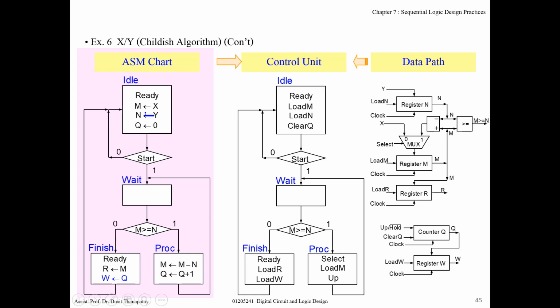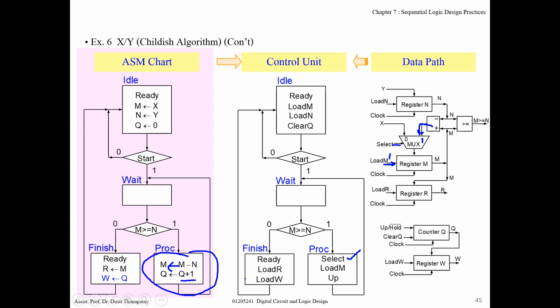For N, it gets data at this state, so load N must be active here. For Q, 0 is clear, right? The clear signal of the counter will be active at this state. State wait, nothing. State process: read data from M minus N, so this select must be 1, right? Select active, and load M must be active also.